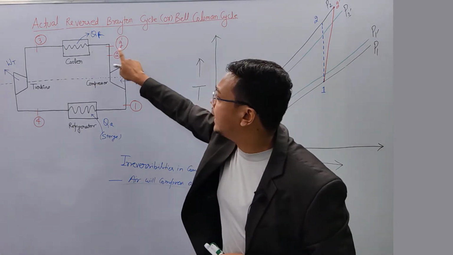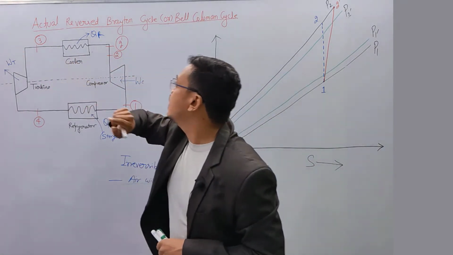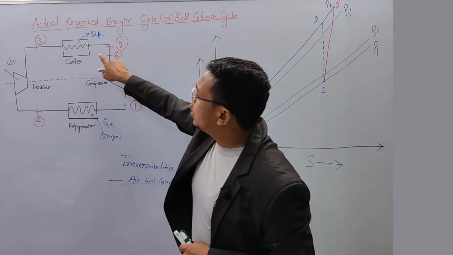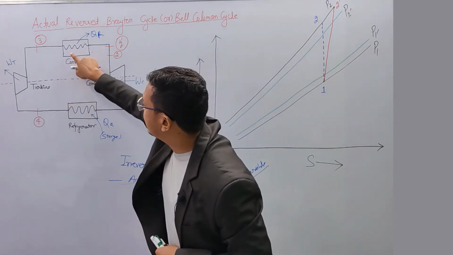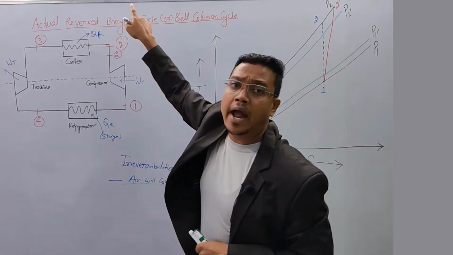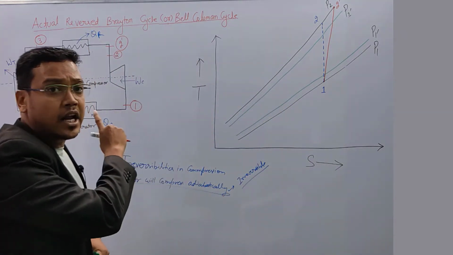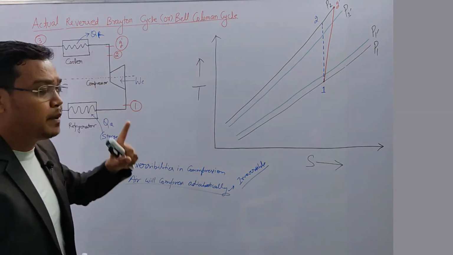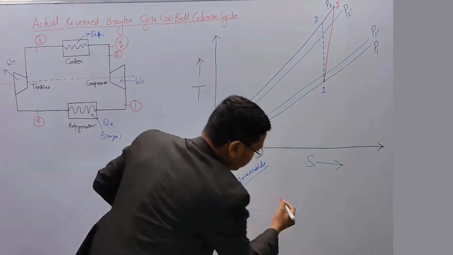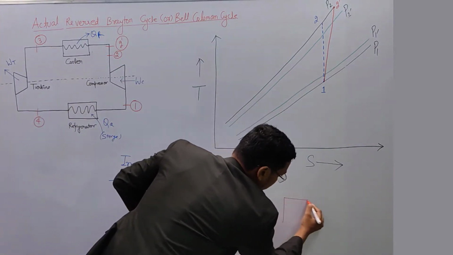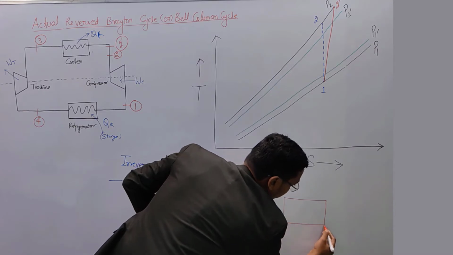Now from point 2 dash to 3, air will go to the cooler and heat will be rejected in the cooler at constant pressure if it is an ideal reverse Brayton cycle. But the cooler is like a heat exchanger.